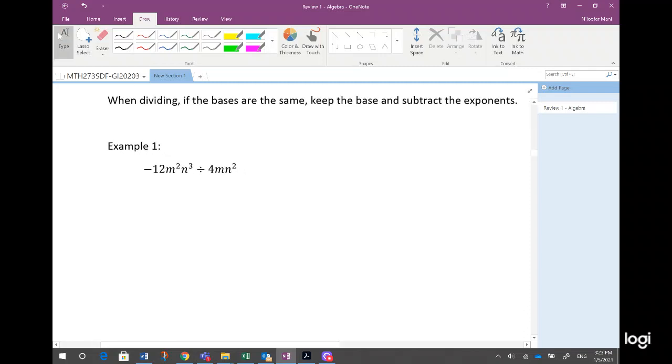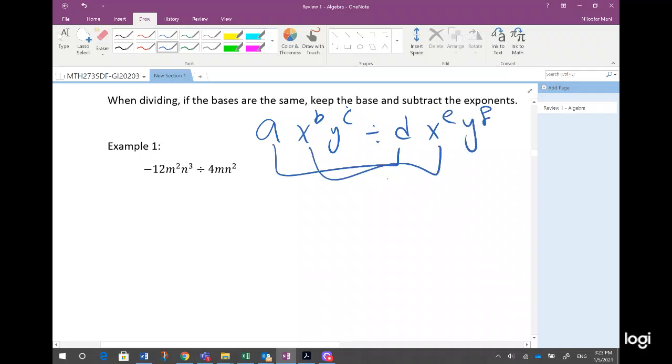Again, if I do a x power b y power c divided by d x power e y power f, it's this divided by this, and this divided by this, which is a divided by d, x power b minus e, y power c minus f.